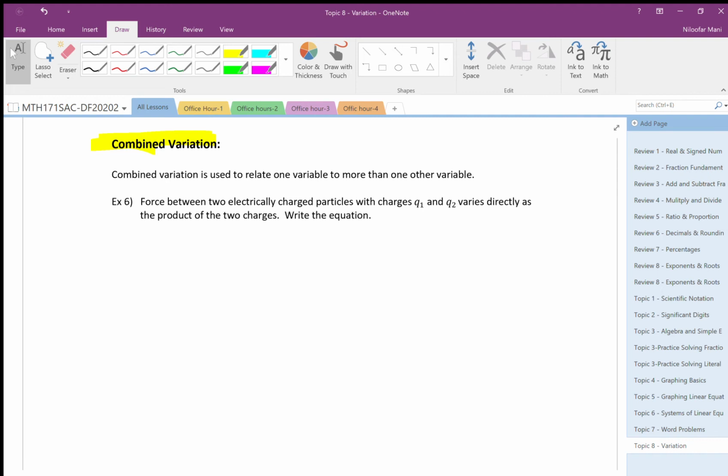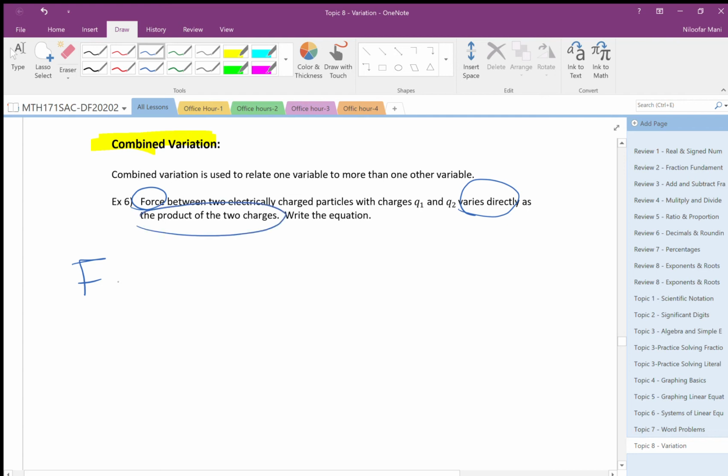Force between two electronically charged particles with charges Q1 and Q2 varies directly as the product of the two charges. Force varies directly as the product of this.